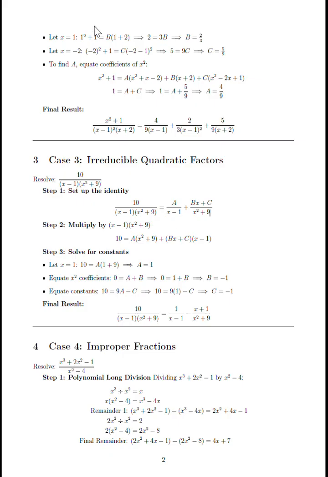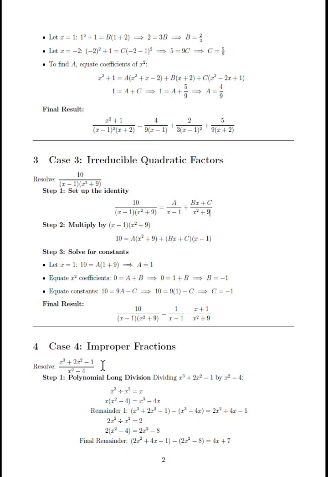Now to the final case. Case of an improper fraction, that is, the degree of the polynomial in the numerator is higher than the degree of the polynomial in the denominator. We have to do this polynomial long division.